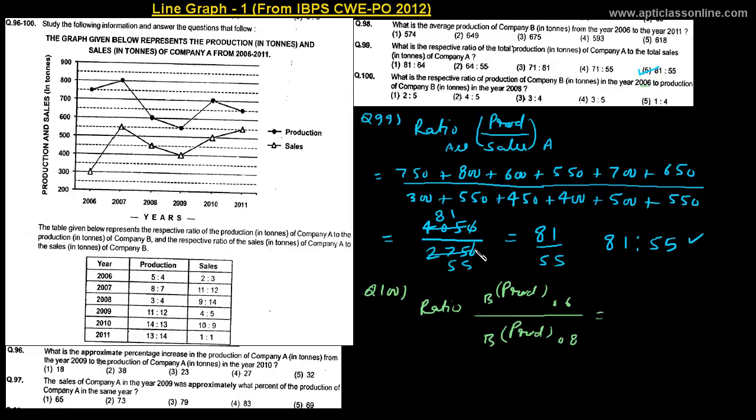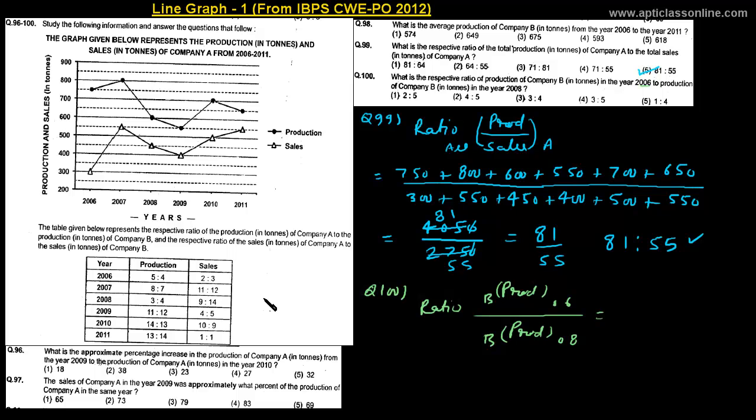As we have done in the previous class for question number 98, this line graph shows the data for production and sales for company A only, and there is a relation given between company A and B for both production and sales. For example, in 2006, the ratio of production is 5:4.